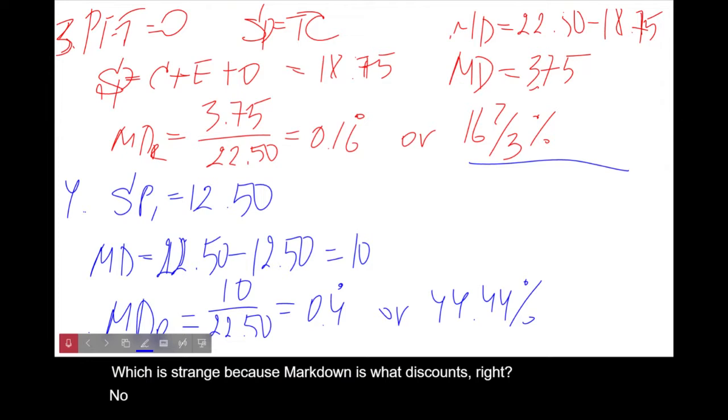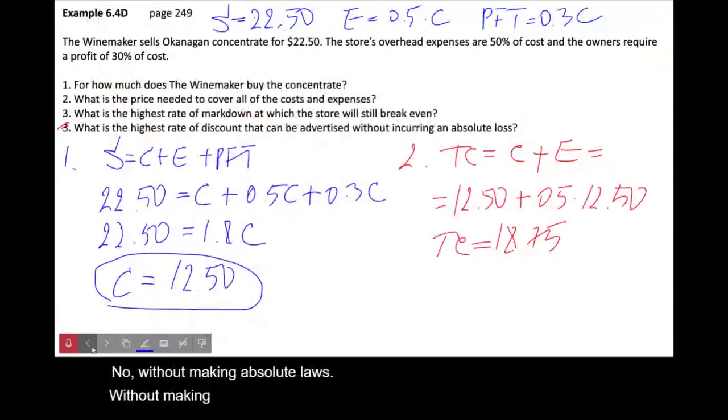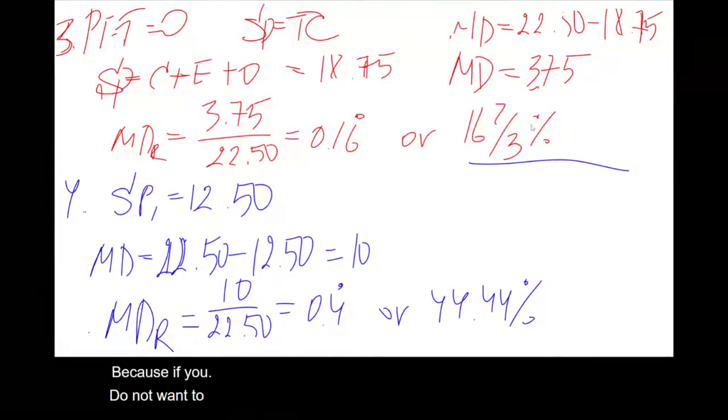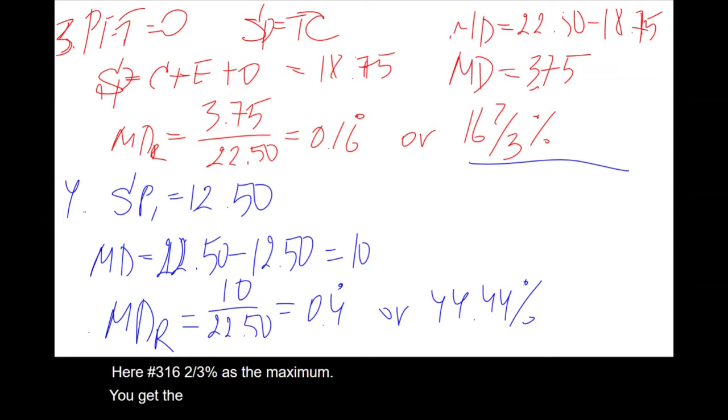No, without making absolute loss. Without making absolute loss. Because if you do not want loss at all, here number 3, 16 and 2/3%, that's the maximum you can afford, right? To drop the price and not suffer losses.